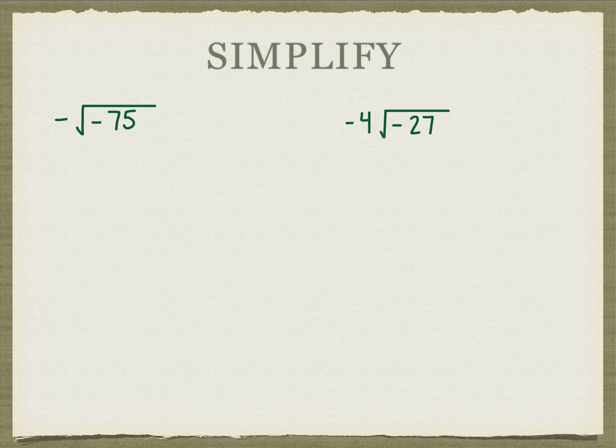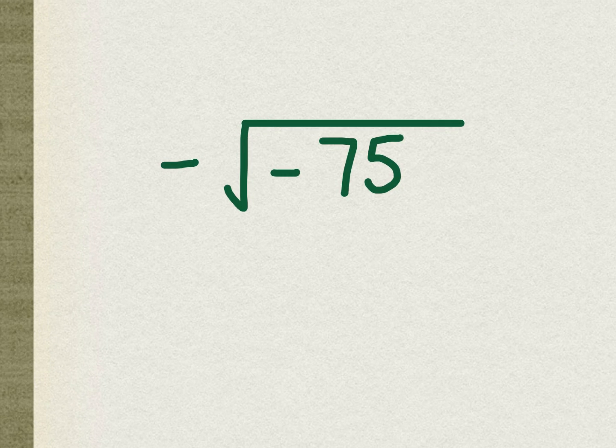All right, next. So here I already have a negative on the outside, but I do the same thing that I did before. We just have a negative in our answer now. So what do I do first? Take out the negative on the inside, turn it into an i. What are 2 factors of 75? 3 and 25.